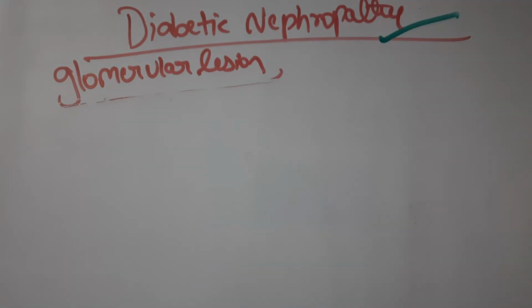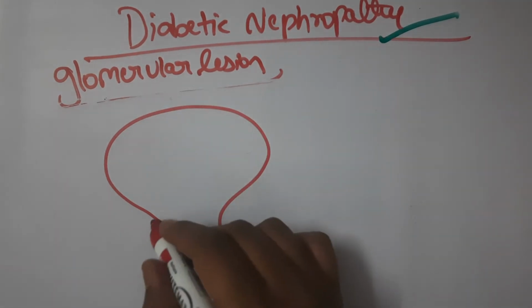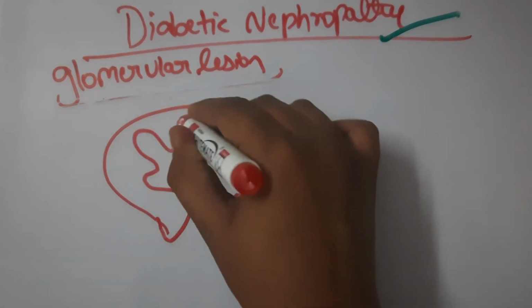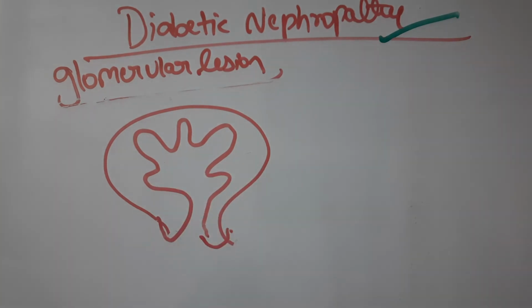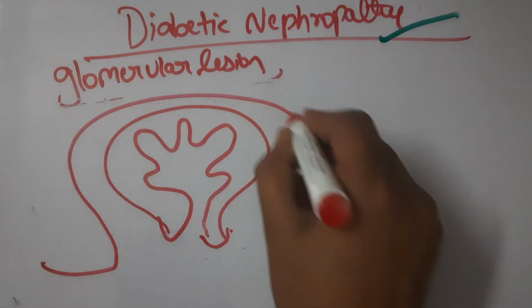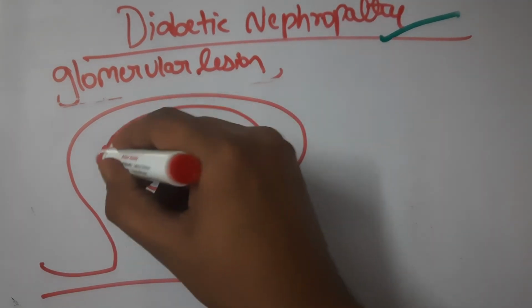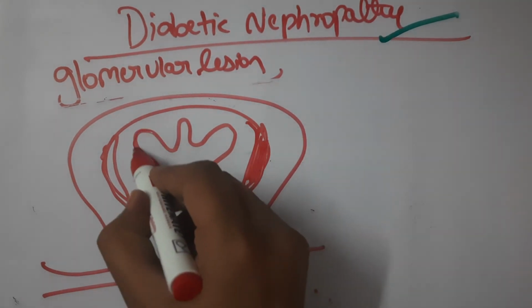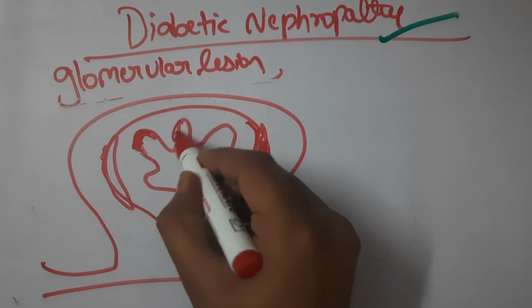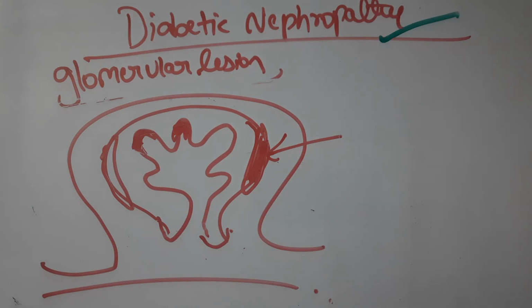Okay, if I show this in a diagrammatic representation, if this is the glomerulus, and this is the glomerulus, and this is the glomerulus, and if we see hyaline membrane deposits here, if we see it here, then it is adherent to the Bowman's capsule.